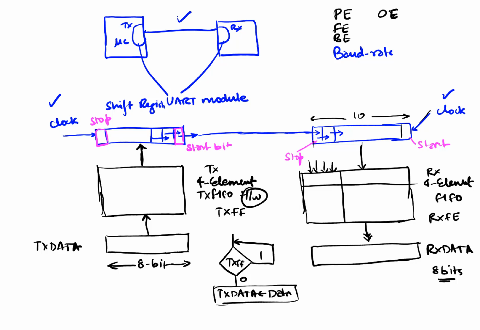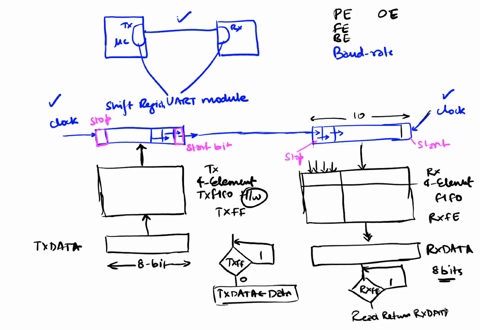So I'll check that flag, called the RX FIFO empty flag, and if that flag is a 1, that means it's empty. I'm going to busy wait and keep checking that flag. If I do have something, I'm going to read and return. If this is a subroutine, I'm just going to read and return what is in RX data.